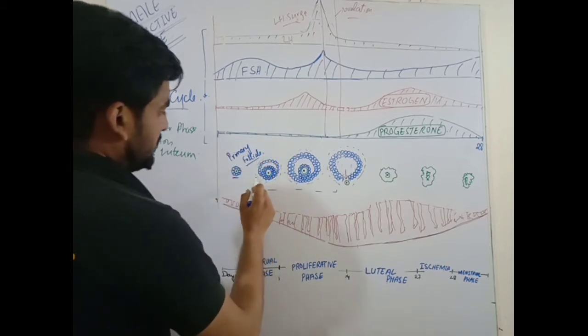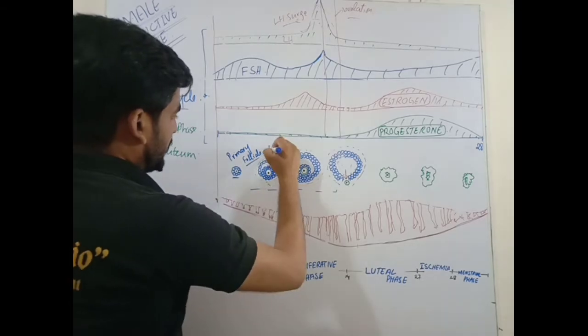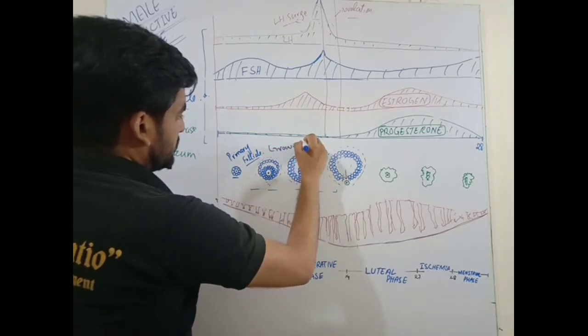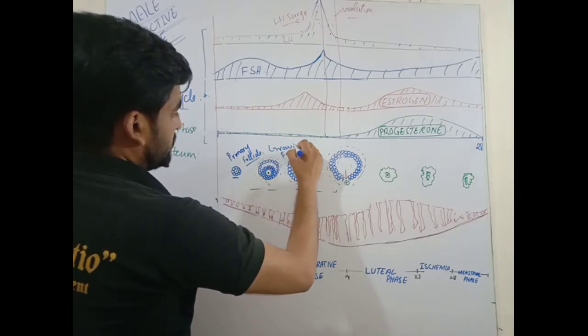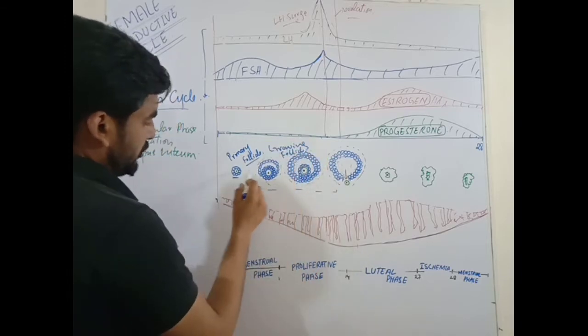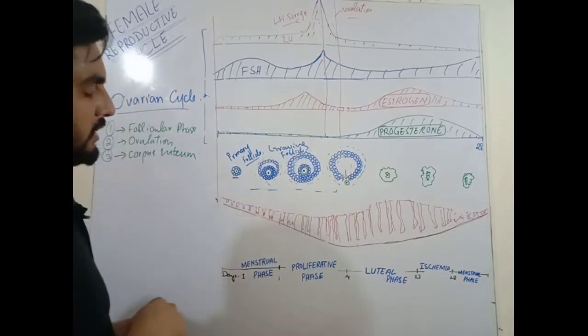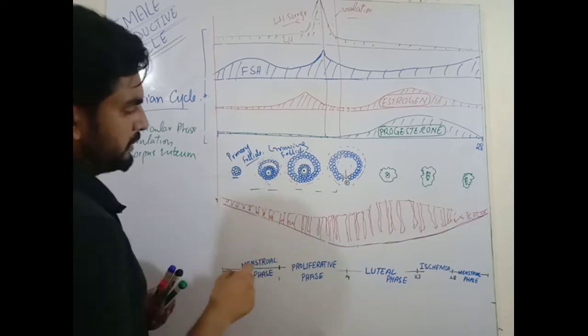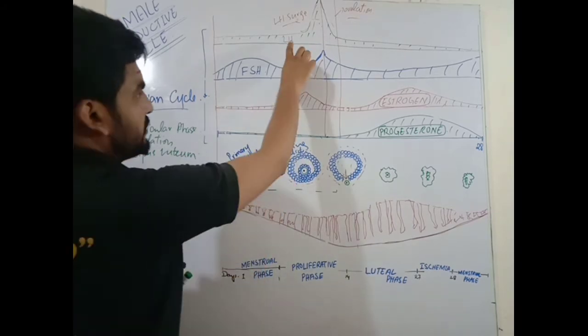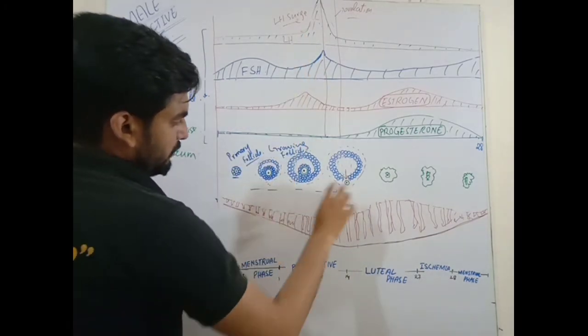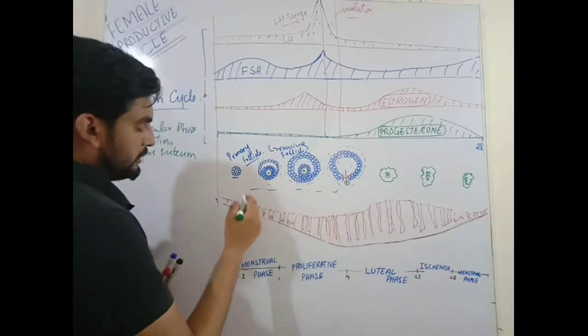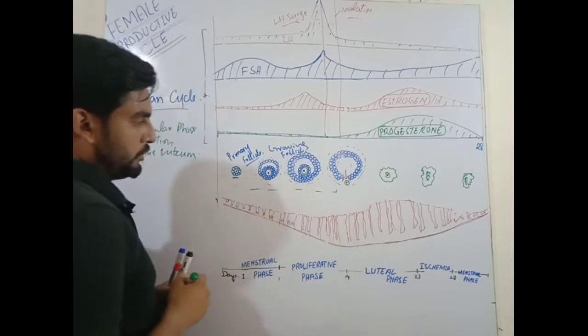Further, these are growing follicles. Primary oocytes, then secondary oocytes, then further when the Graafian follicles or the growing follicles mature and the LH surge occurs, ovulation occurs. So this is the follicular phase.